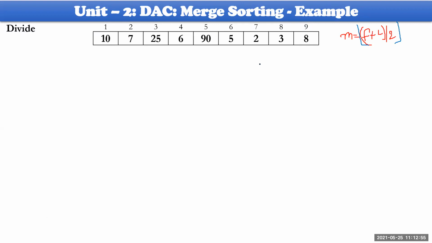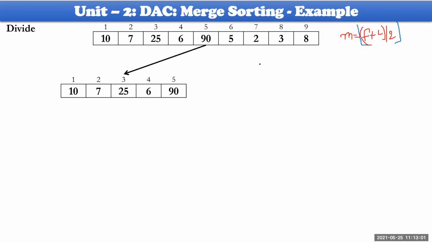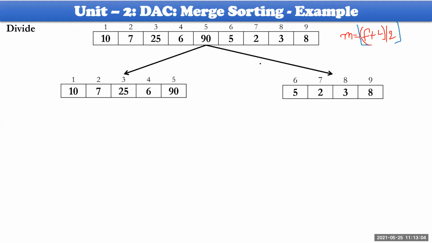So 1 to 5 is one sublist, and 6 to 9 is another sublist. And continue this process until every list has a single element.